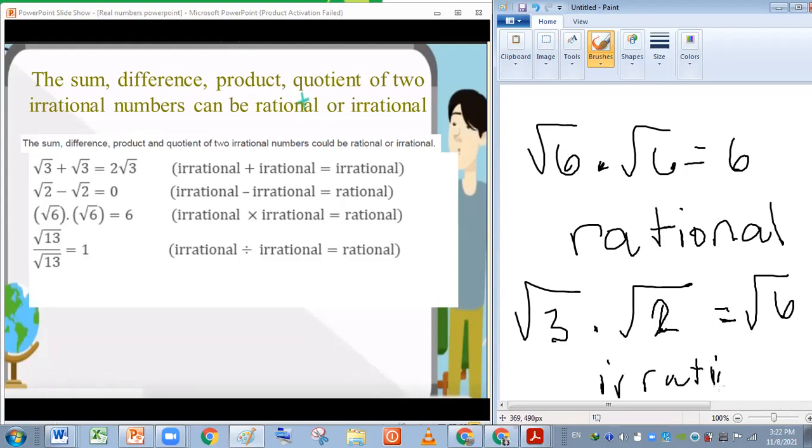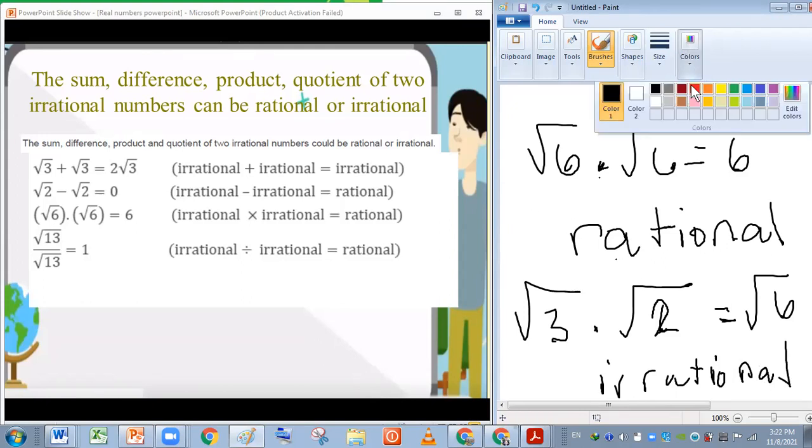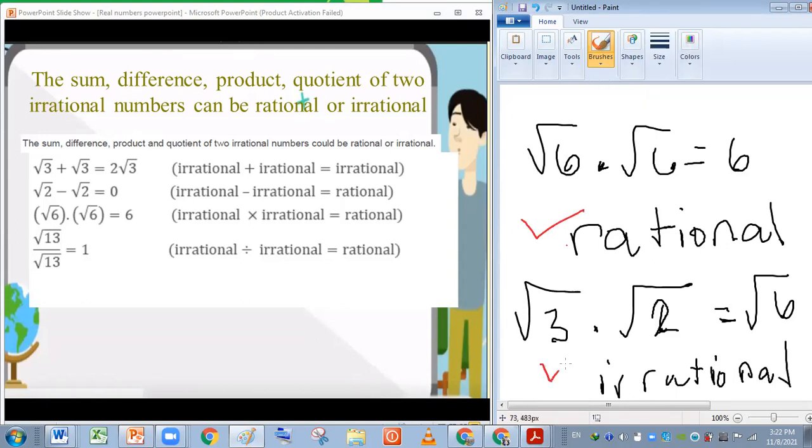So when we multiply two irrational numbers, it can be rational and it can also be irrational, depending on what you do. Same as what we do in the division of irrational numbers: it can be rational and at the same time it can also be irrational.